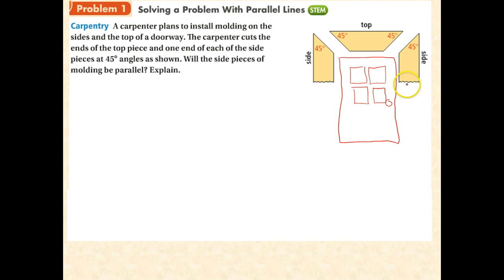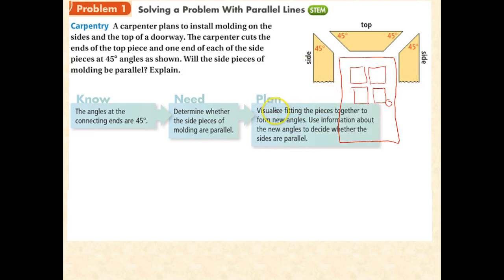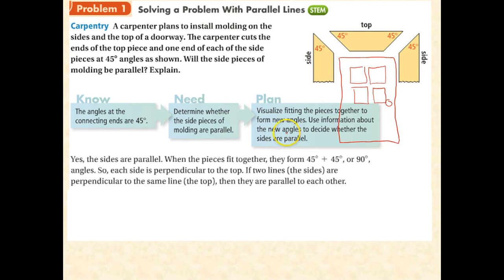That's a good question. We know that the angles at the connecting ends are 45 degrees. We need to determine whether these side pieces are parallel. So let's visualize fitting them together to form new angles. If I was to stick these two together, I would get 45 plus 45 is 90 degrees.